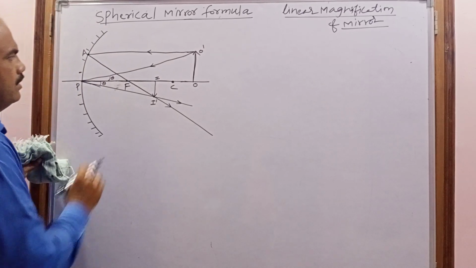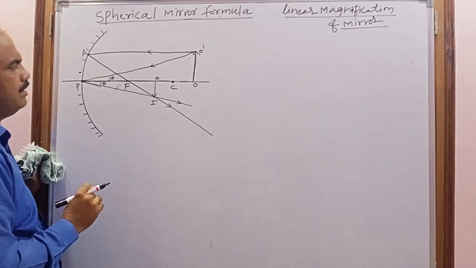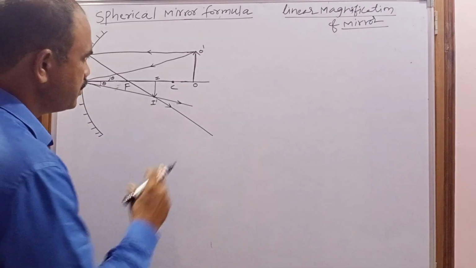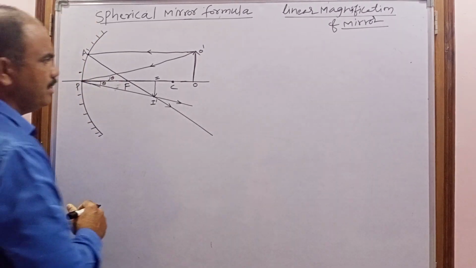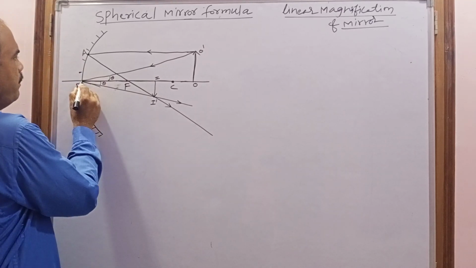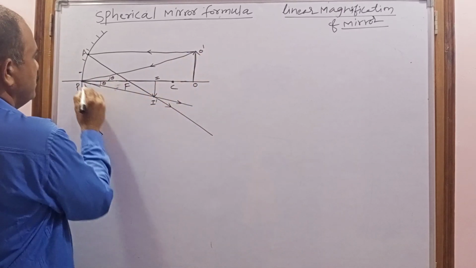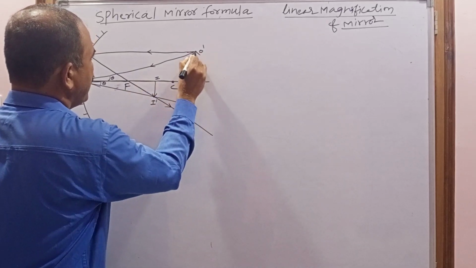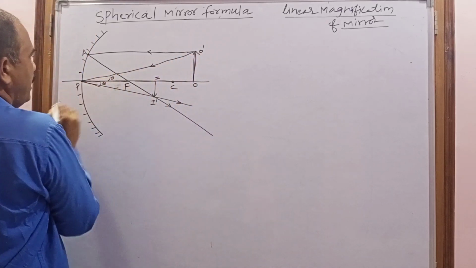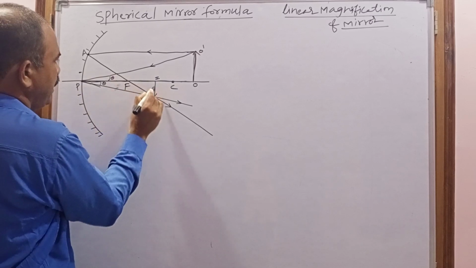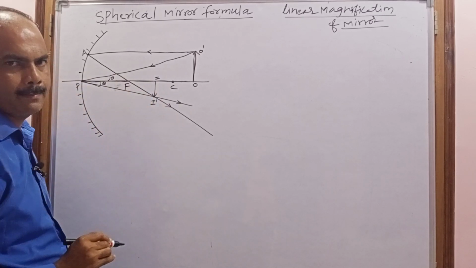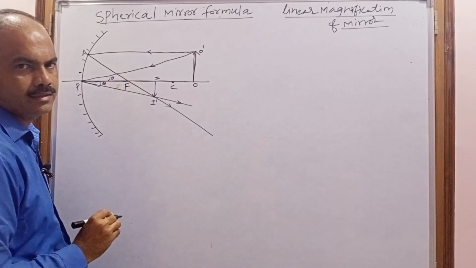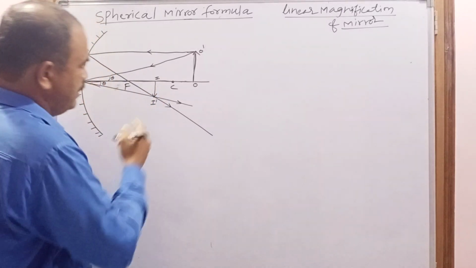After that, when we observe, there are two similar triangles. What are they? One is PO dash and the next one is PI dash. There are two similar triangles.